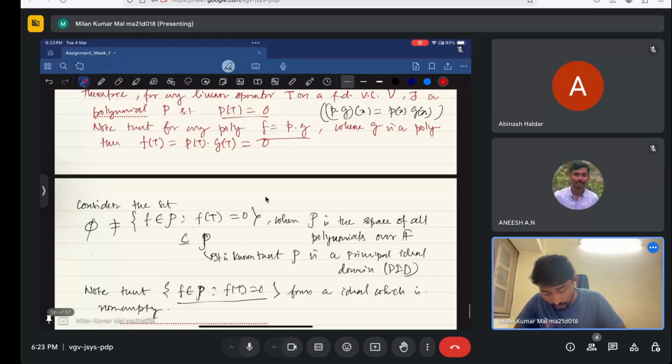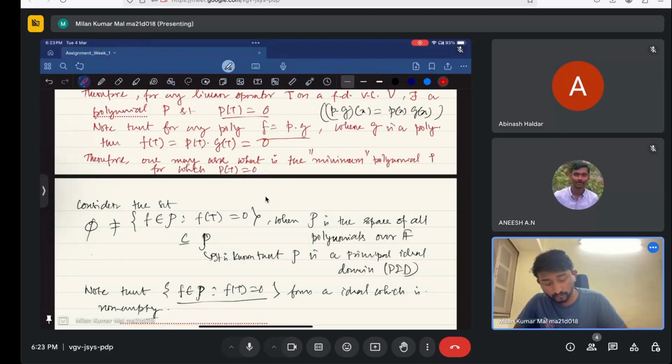So therefore one may ask, what is, in some sense, the minimum polynomial p for which p(T) equals 0 for a given linear operator T on a finite dimensional vector space V. Okay, so this is the question.